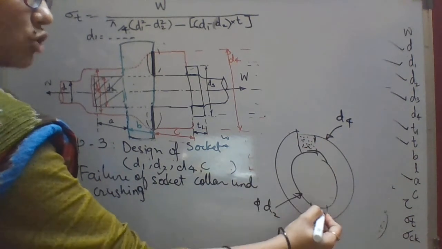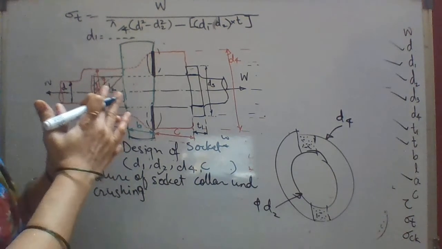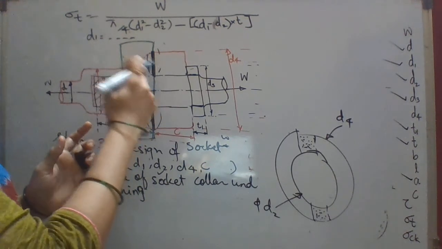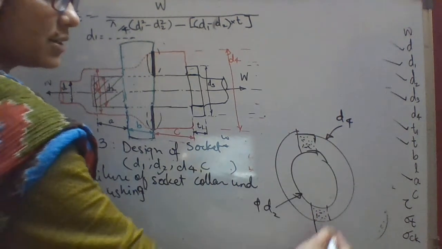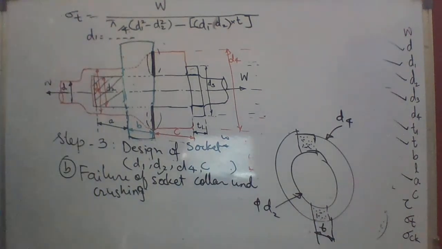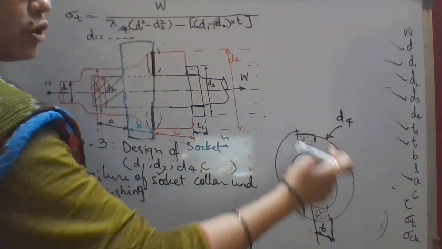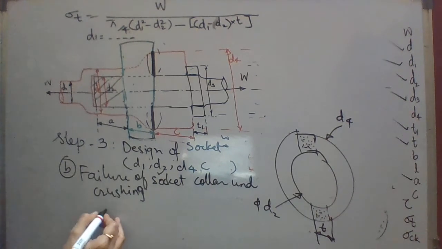The area of the socket collar which is in complete contact, which is pressed against the quarter, these rectangles, and its thickness is nothing but the thickness of the quarter, small letter t. So how much will that area be? Will it be D4 minus D2 into t? That will be D4 minus D2 into t.